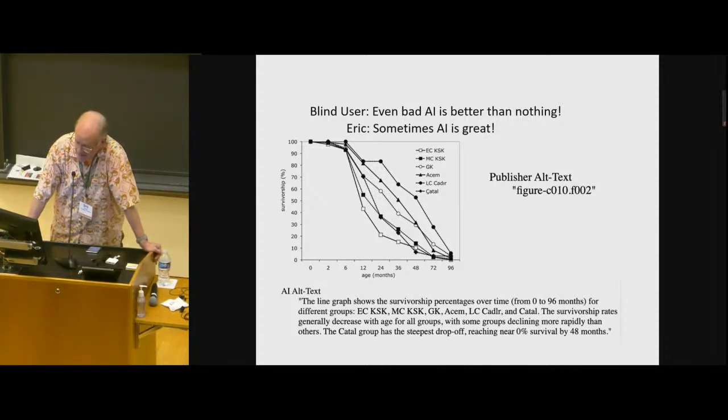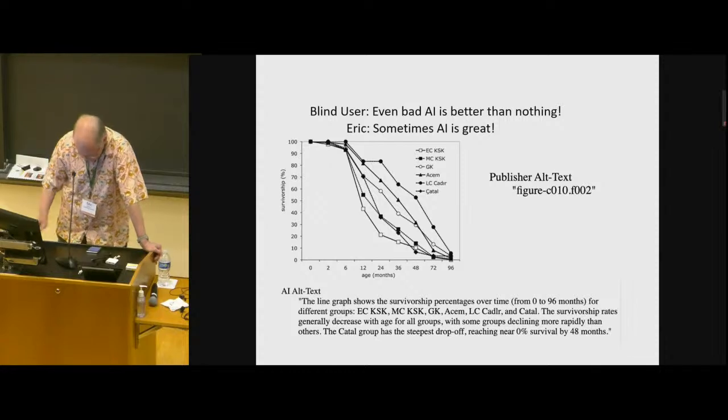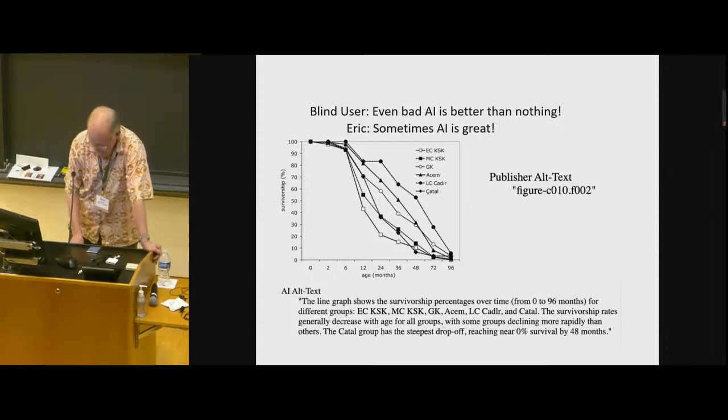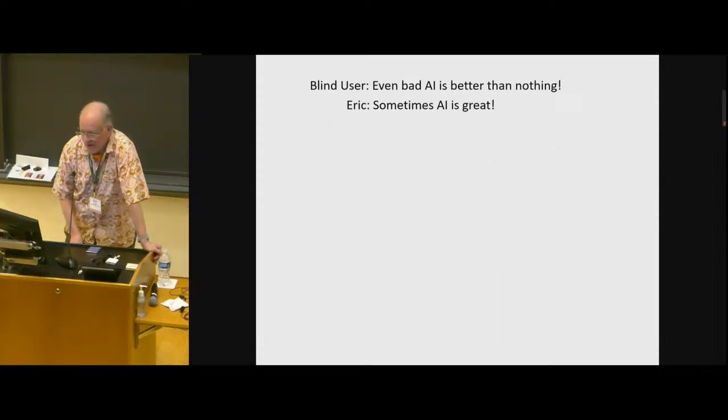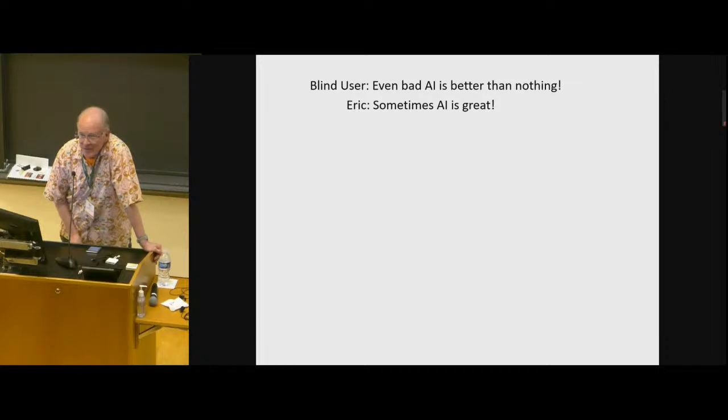The K-tau group has the steepest drop-off, reaching near 0% survival by 48 months. Now, I couldn't write that alt text myself. That's really good. It's amazing. So, yeah, sometimes the AI does really great.